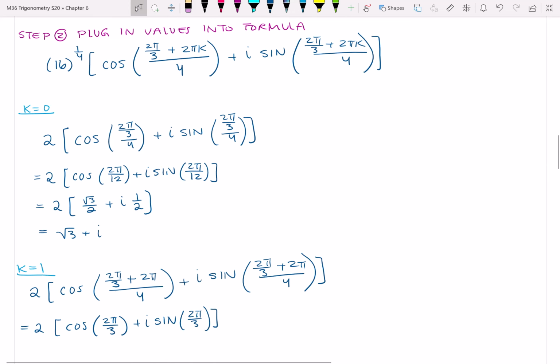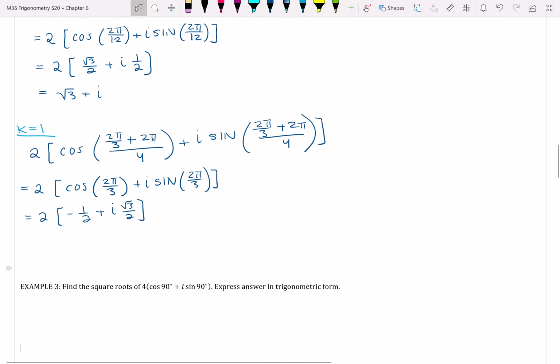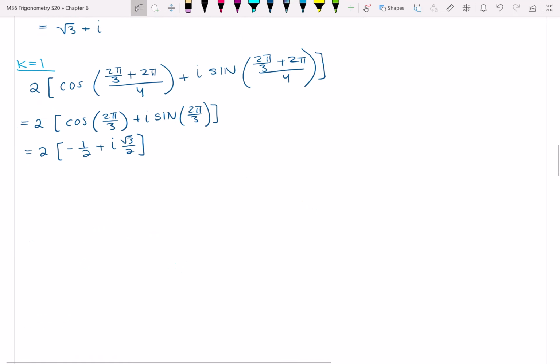Cosine of 2 pi over 3 is negative 1/2, and sine of 2 pi over 3 is the square root of 3 over 2. So this equals negative 1 plus I square root of 3. And so that's the other root.